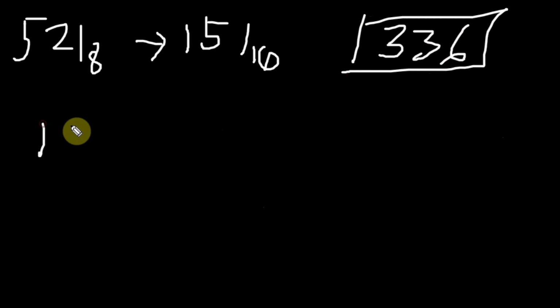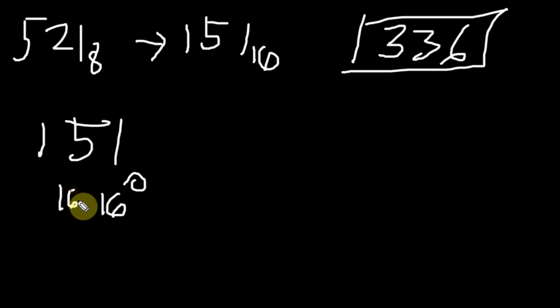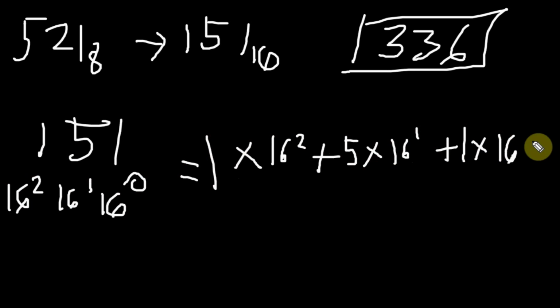Now second is 151. Since this is a hexadecimal number, we'll put the powers of 16 at the bottom: 16 to the power of 0, 16 to the power of 1, 16 to the power of 2. 1 times 16 to the power of 2, plus 5 times 16 to the power of 1, plus 1 times 16 to the power of 0.